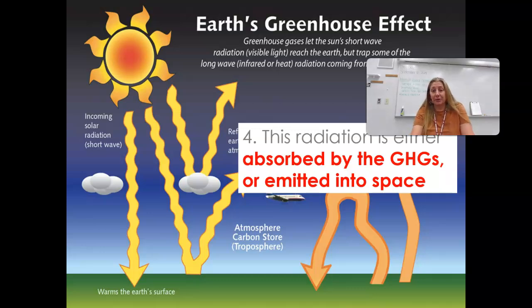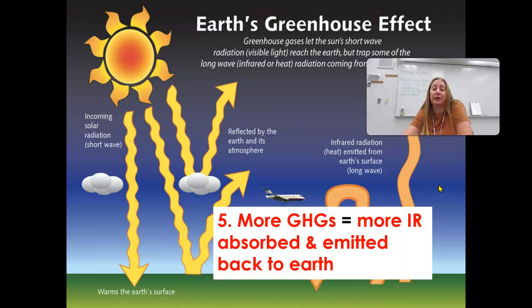Or some of that infrared radiation may escape back out to space, but most of it does get trapped, essentially, by these greenhouse gases. And then these greenhouse gases are trapping heat close to the surface of the planet. So, as the greenhouse gases trap heat, they are warming the planet. And that's the quick breakdown of how the greenhouse effect works.